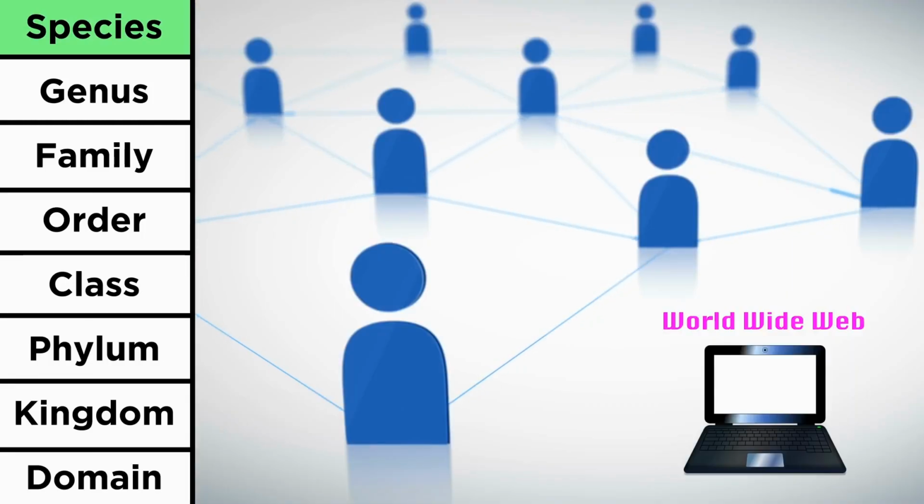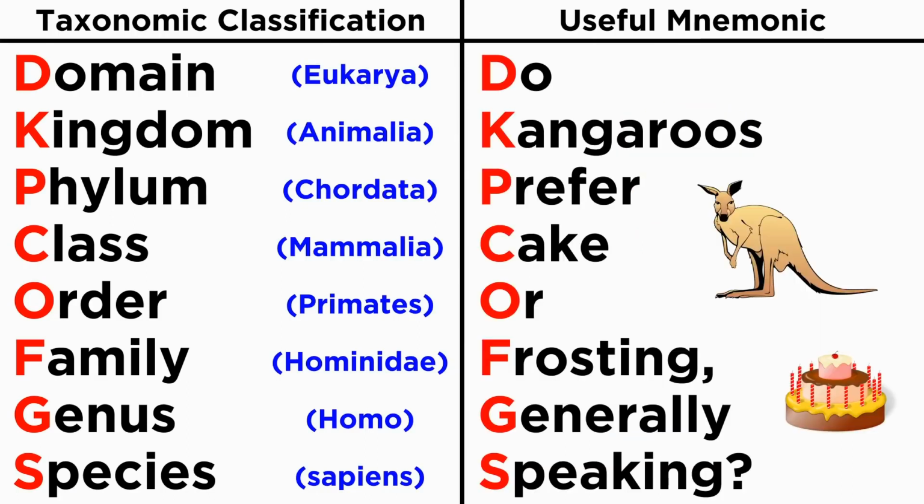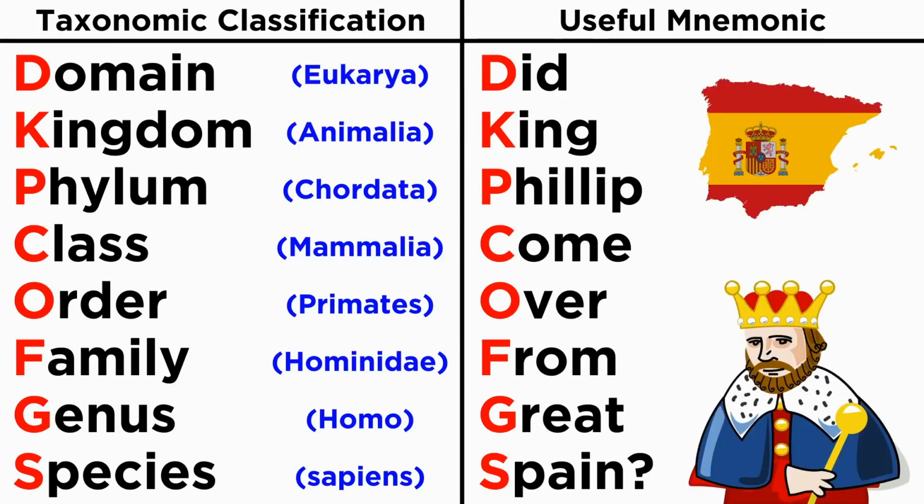So every species can be classified, and there are mnemonic devices that can help us remember the different tiers of categorization. Do kangaroos prefer cake or frosting, generally speaking? Or did King Philip come over from Great Spain?